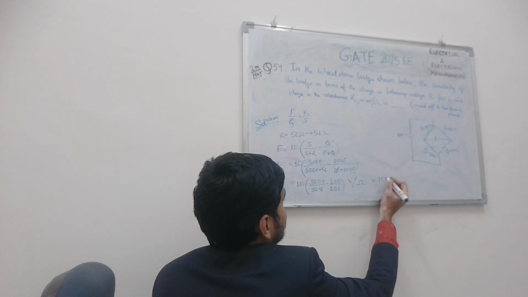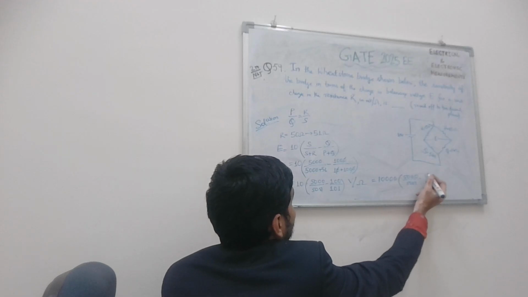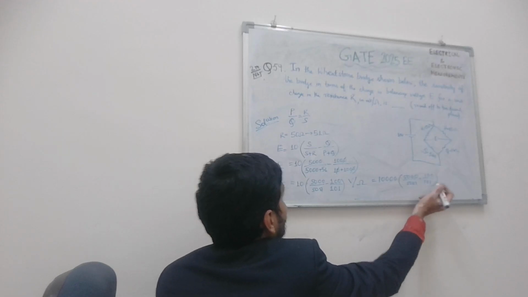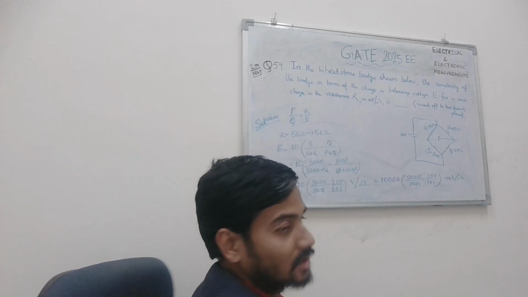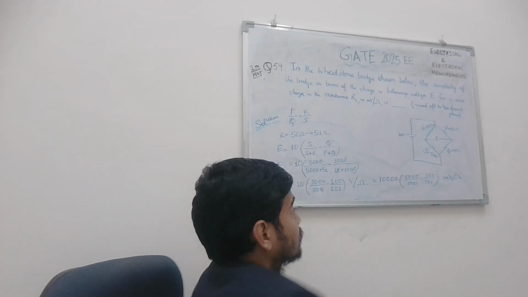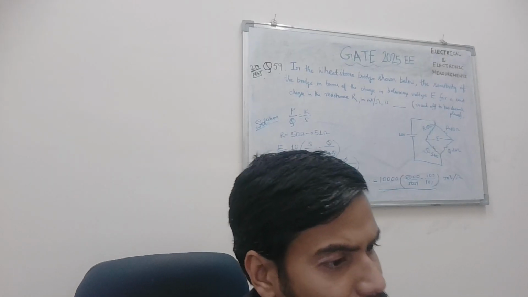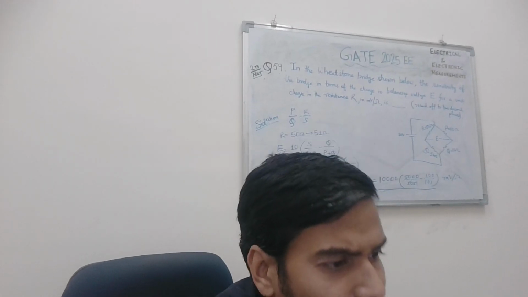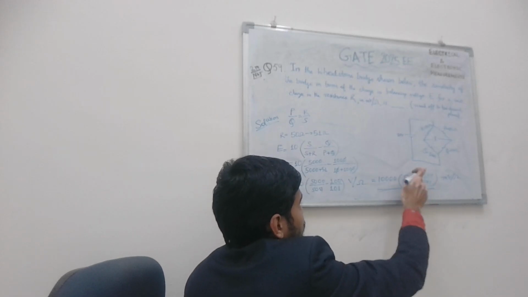That is 10,000 into 5000 by 5051 minus 100 by 101. This is millivolt per ohm. If you put this calculation in the virtual calculator, it will come out as, I think, minus 1.96.